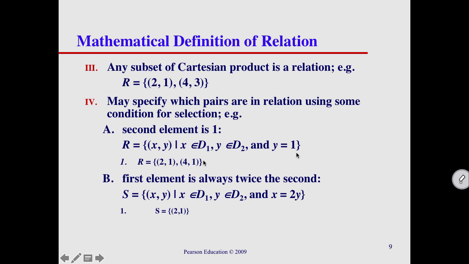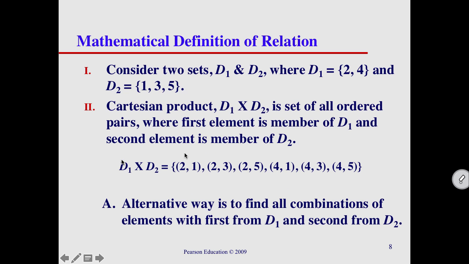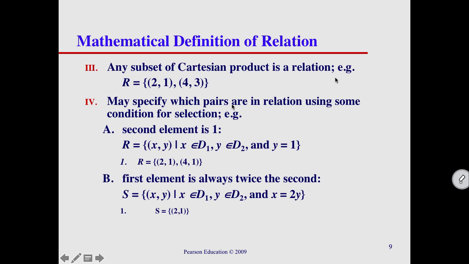Essentially, it's the set of all values that we can take from domain 1 crossed with the value 1. Domain 1 was 2 and 4. Therefore, there are two tuples in R: (2, 1) and (4, 1).